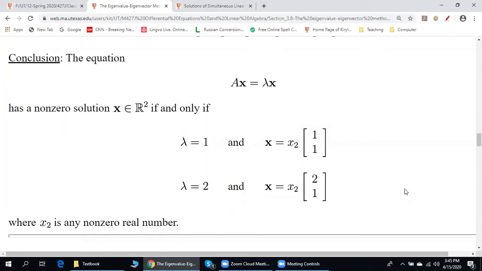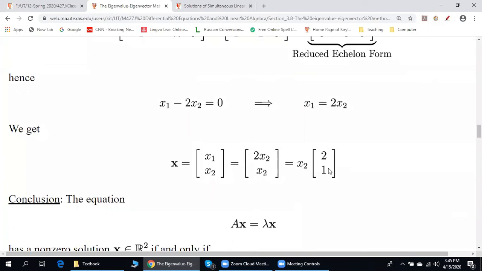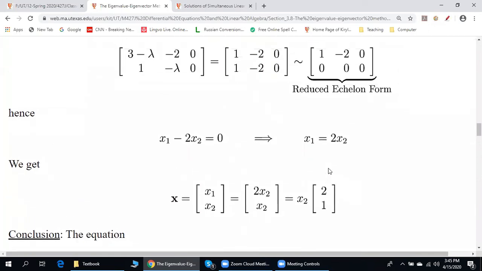Guys, any questions? How did you know that x1 was a free variable? Well, how do we know which variable is free, which variable is basic? We look at columns. If we have a pivot column, the corresponding variable is a basic variable.